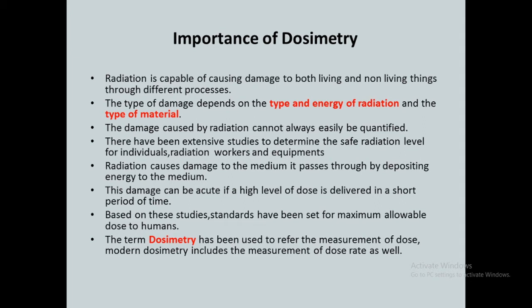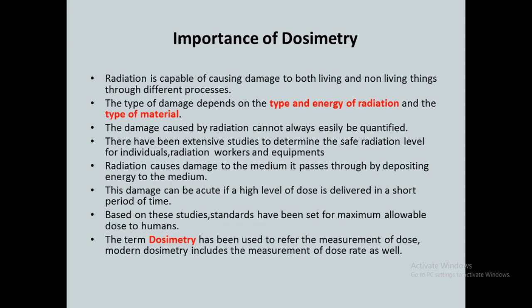There have been extensive studies to determine the safe radiation levels for individuals, radiation workers, and equipments using statistical inferences of the damage data collected over a long period of time. Based on these studies, standards have been set up for maximum allowable dose to humans.